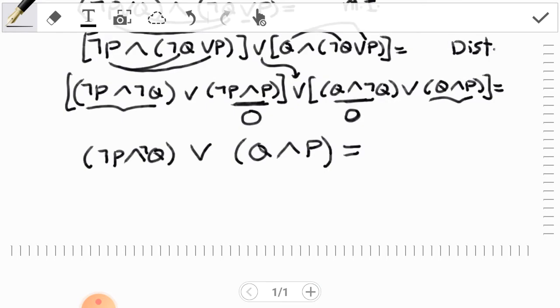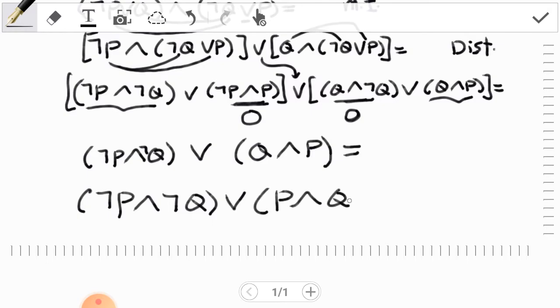By commutativity. So we use commutativity for the two. Then, let me write that first. So we have not P and not Q, or P and Q. So that's equivalent to the right side.